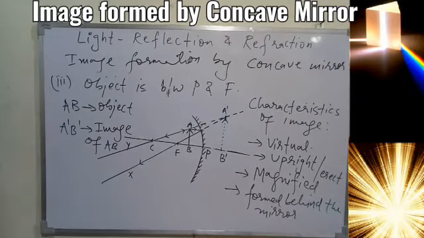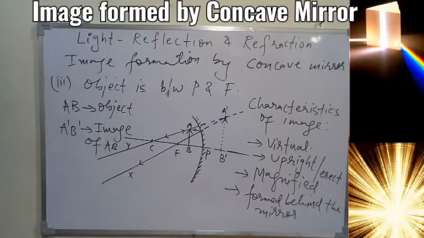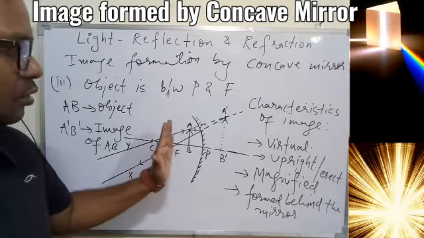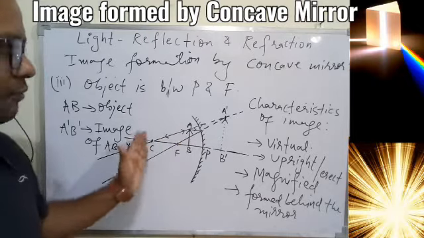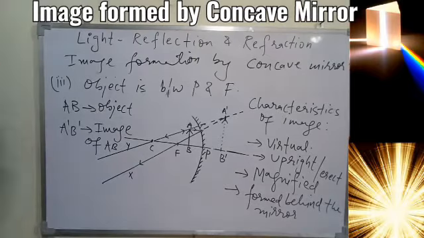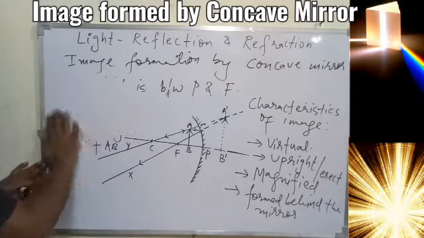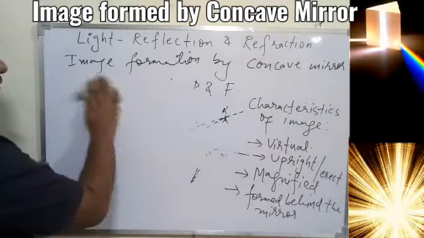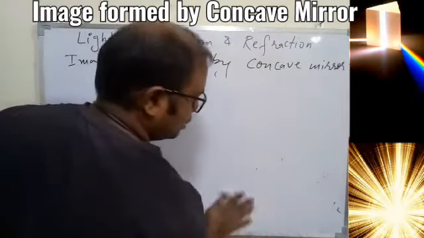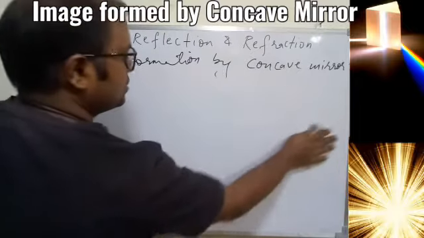So in this case, if you place a screen in front of the concave mirror, anywhere you will not be able to see the image on the screen, because the image is shifted behind the mirror. So this is one of the most special cases we have, the only condition where the concave mirror can also form a virtual image.